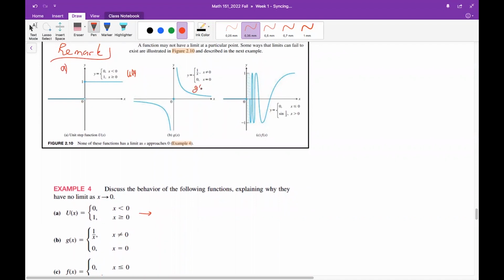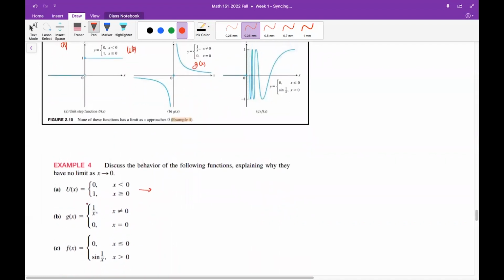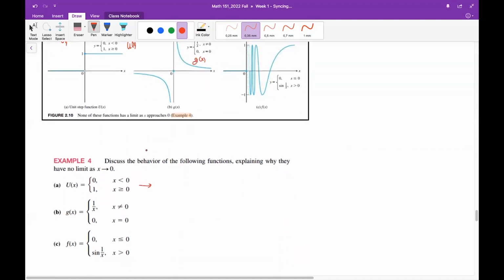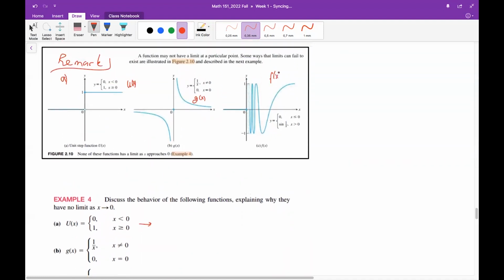This is g of x given as this one over x. And here, y equals f of x, and its expression is given like that, sine of 1 over x. So let's try to investigate all these functions.